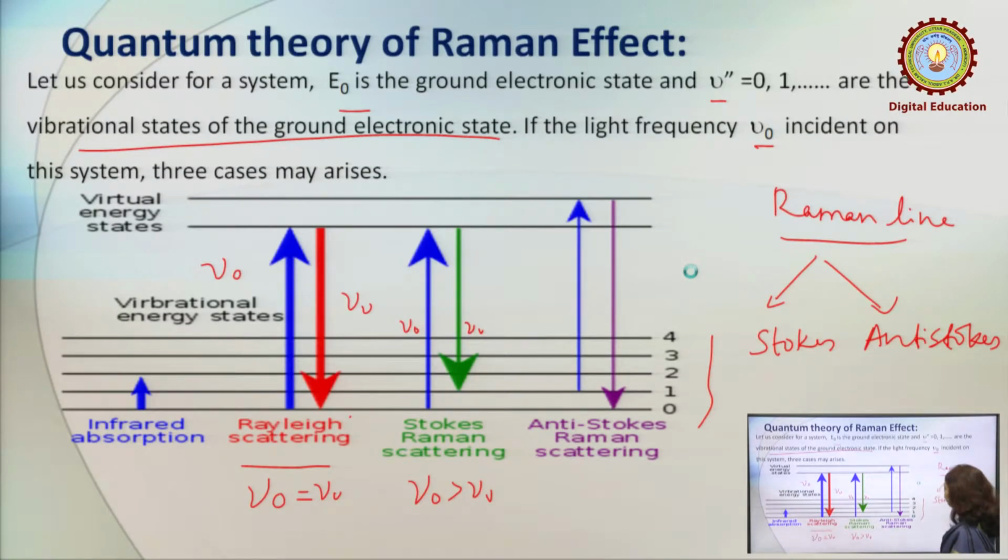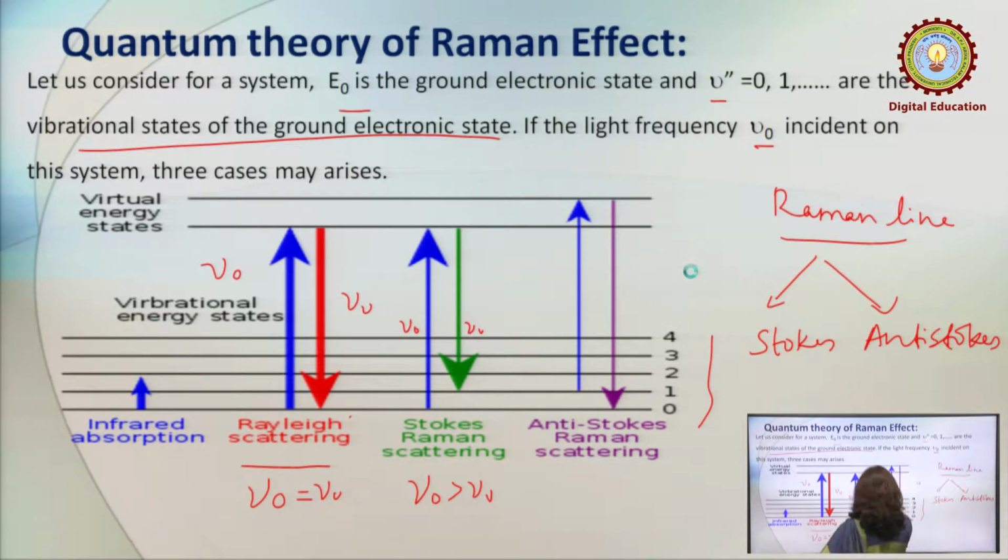In this slide, this is the anti-Stokes: the molecule is already in the higher excited state. After absorbing energy, it moves to the virtual energy state, and after that when it comes back, it is not coming back to the state from which it moved. It will come to the basic vibrational energy state.